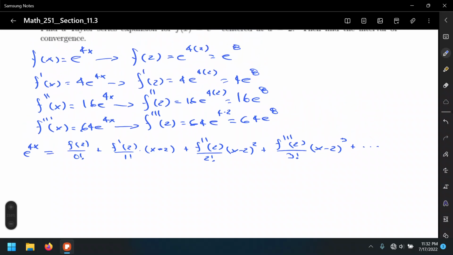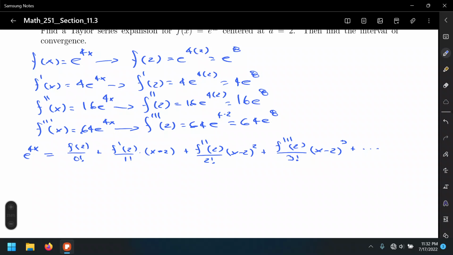So f of 2 is e to the 8th. So that's e to the 8th over 0 factorial. Let's just leave it as 0 factorial, which is 1. Then f prime, which is 4 e to the 8th over 1 factorial times x minus 2, plus f double prime, which is 16 e to the 8th over 2 factorial. Let me leave it as a 2 factorial.